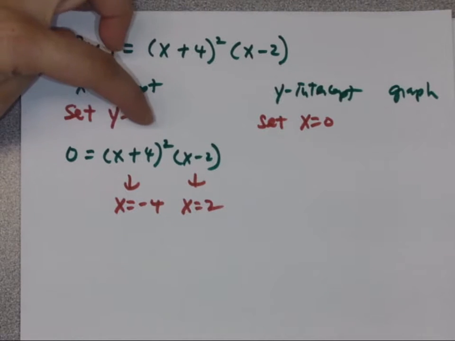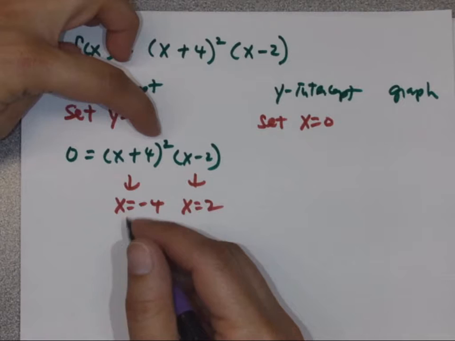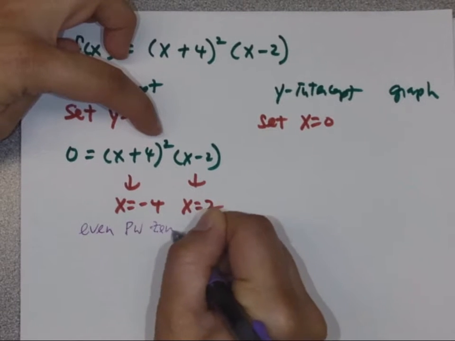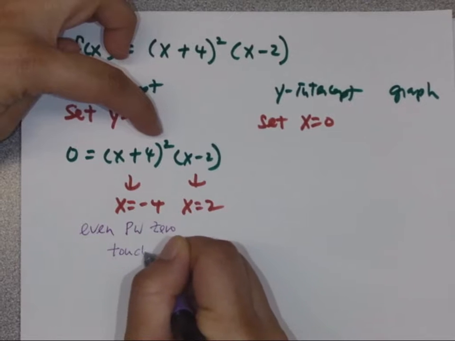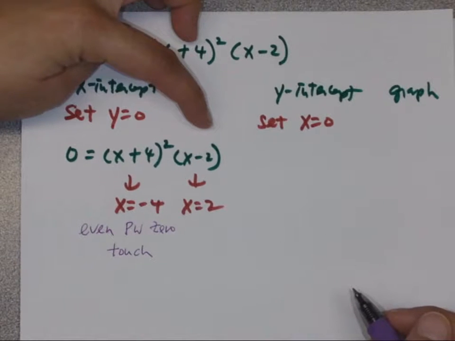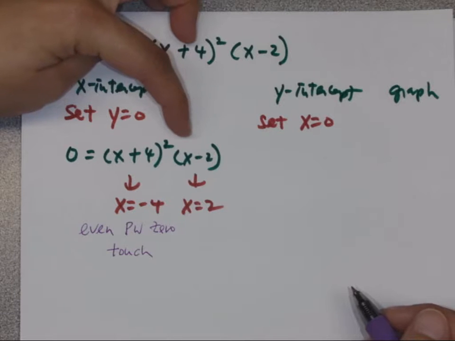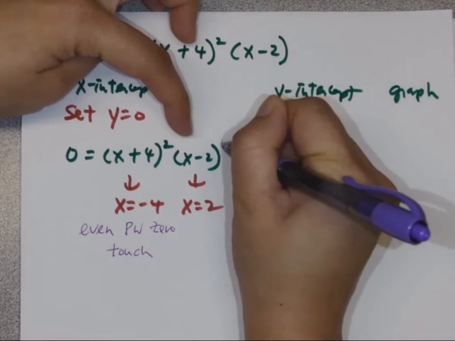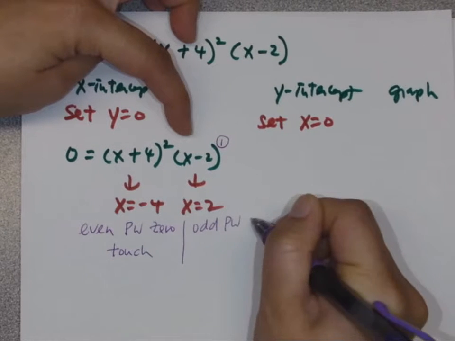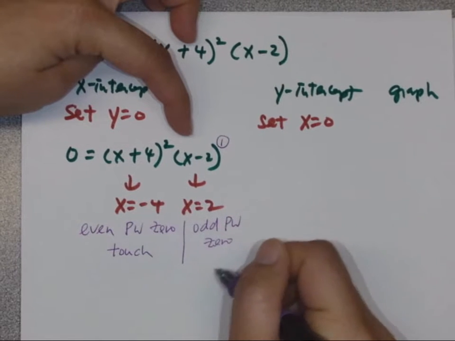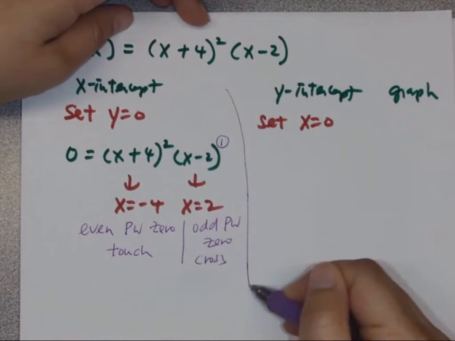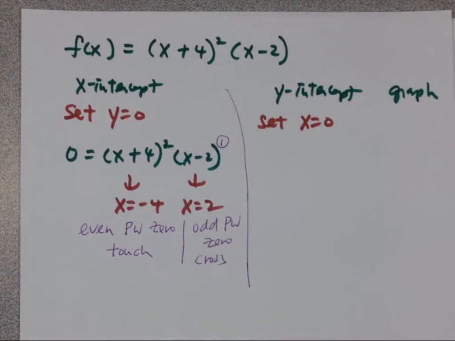The first one has an even power zero, touching the x-intercept. The second one, I don't really see an exponent here. What does that mean? It's a 1 here, so it's an odd power zero, which will represent crossing. Okay. Everybody okay with the x-intercept?